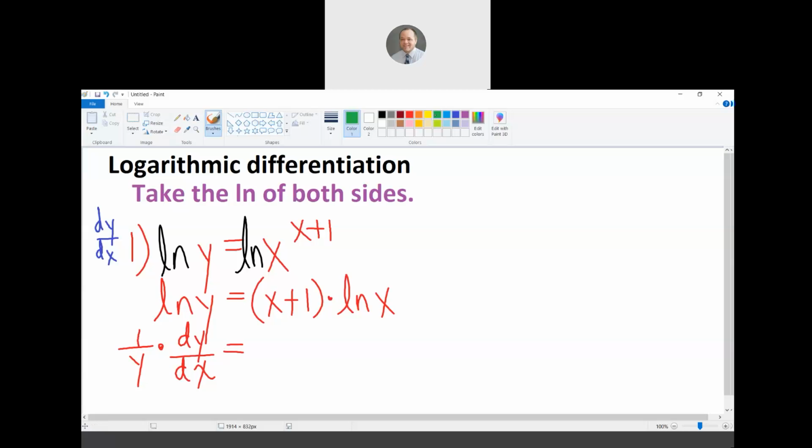Now, to take the derivative of the other side, we must use the product rule for derivatives. So I'll label x plus 1 as our f, and natural log of x is our g. So let me write the product rule down and then we'll use it.